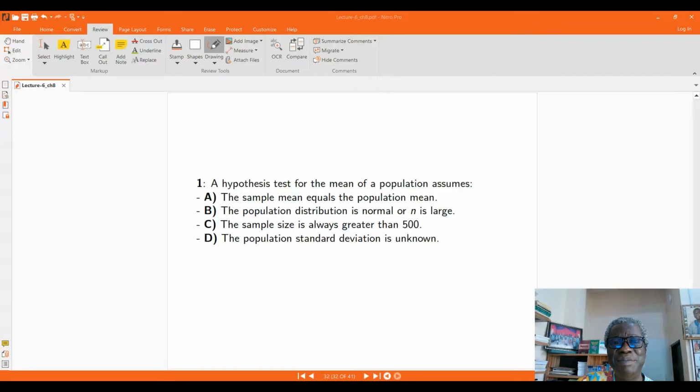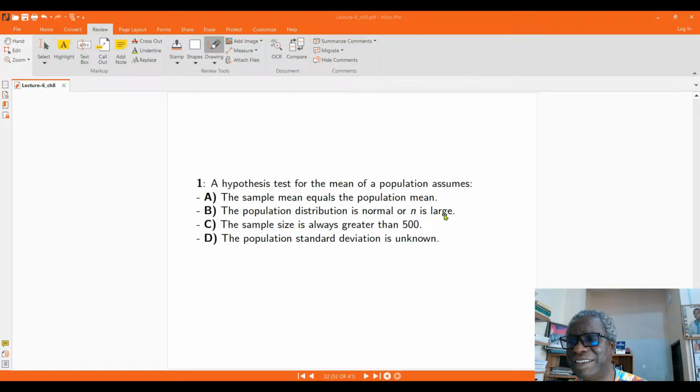C, the sample size is always greater than 500. And D, the population standard deviation is unknown. Hypothesis test for the mean of a population assumes, what are the assumptions? We've mentioned that.